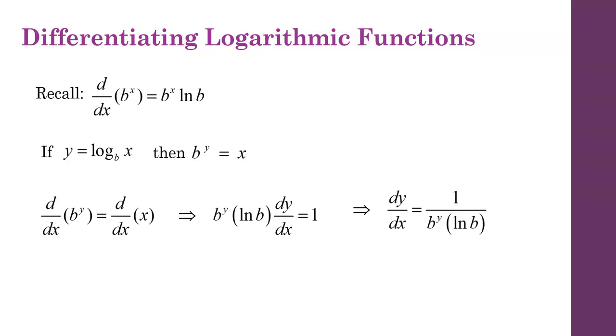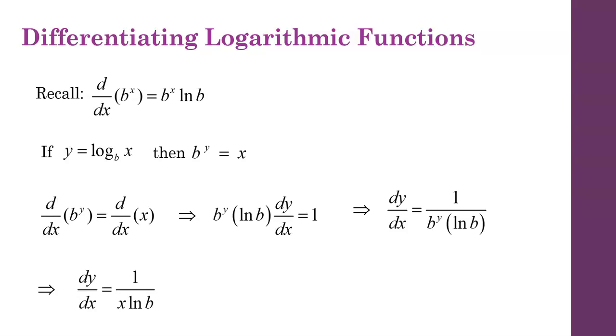So if I divide both sides by b to the y natural log of b to isolate dy over dx, we get dy over dx equals 1 over b to the y natural log of b. And then if we clean it up, we get to the formula dy over dx is 1 over x natural log of b. That's replacing b to the y with what we already had established it would equal, right?